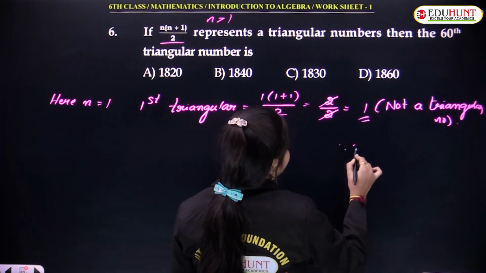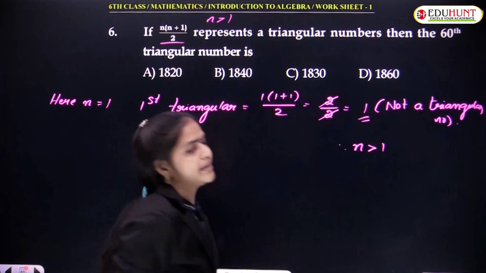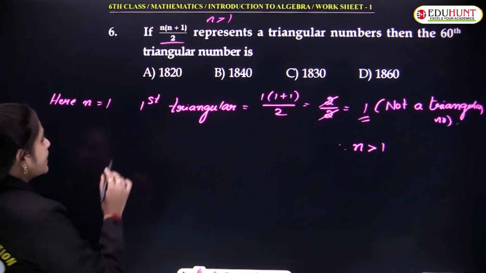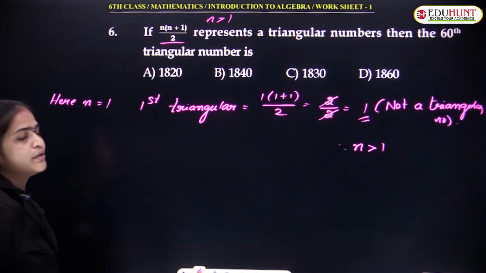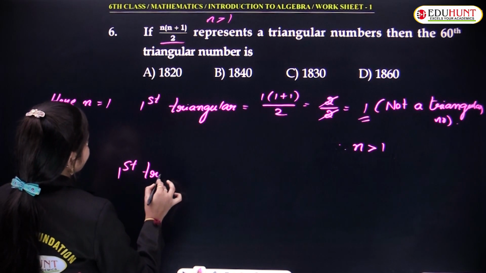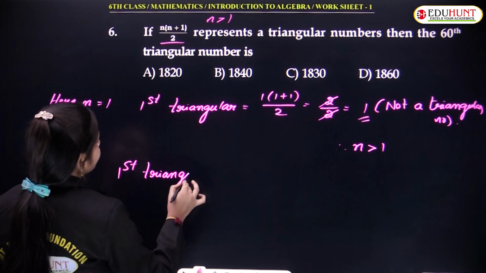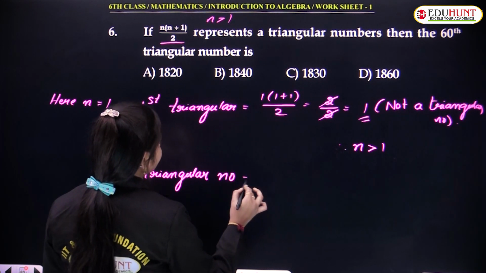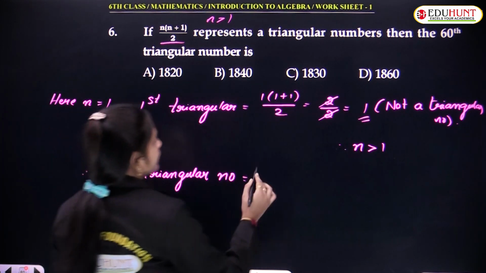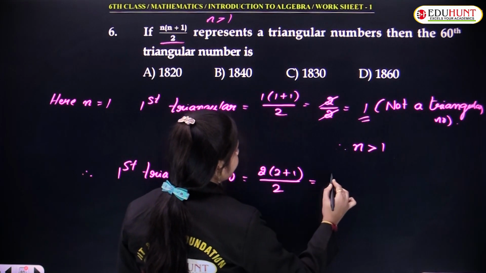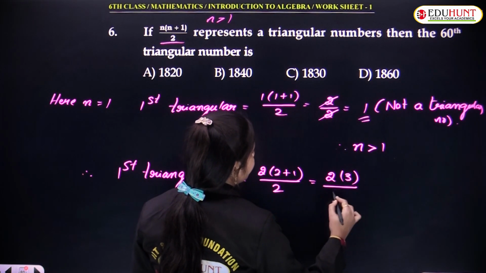Since n must be greater than 1, now see here. This is not a triangular number, no? So the first triangular number is with n equal to 2: 2 into 2 plus 1 by 2, which is 2 into 3 by 2.